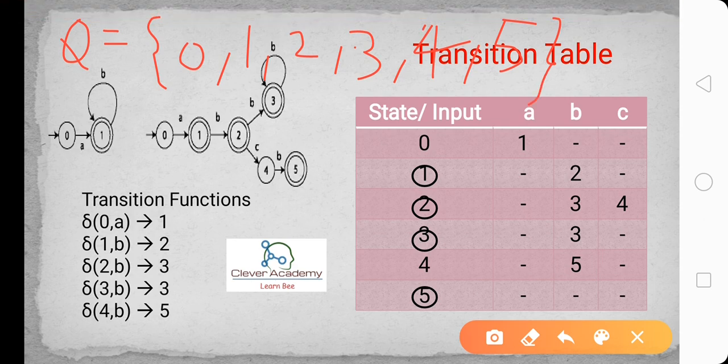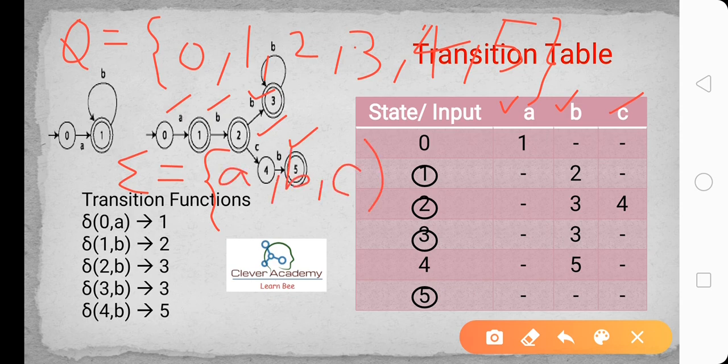Next, the input alphabets. Sigma equals the input alphabets we have, which as a distinct representation are A, B, C. You can write A comma B comma C. That is the second one.